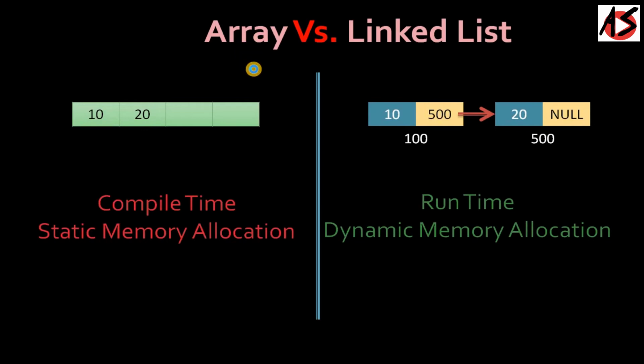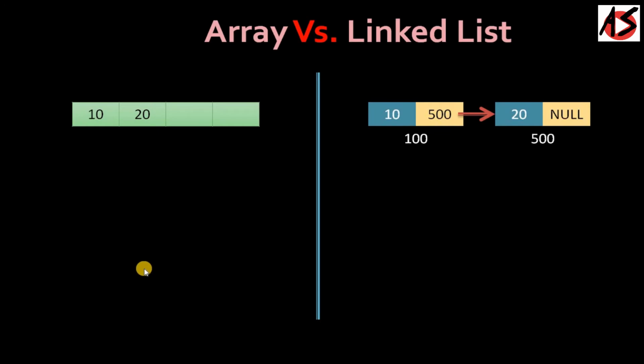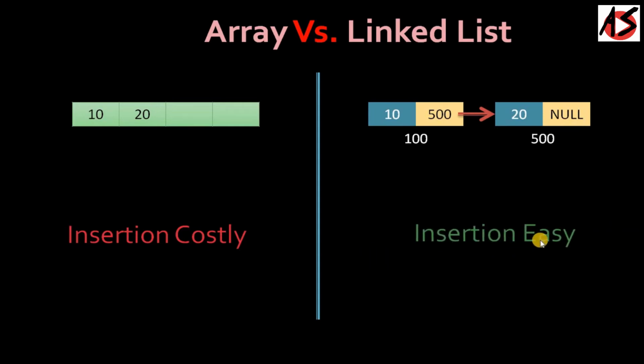Third thing is array insertion is costly, while linked list insertion is easy. How?